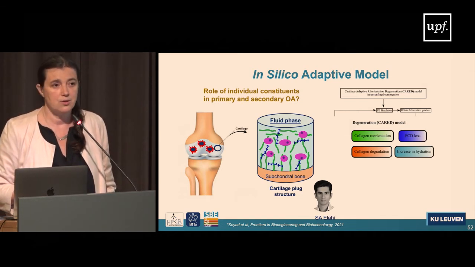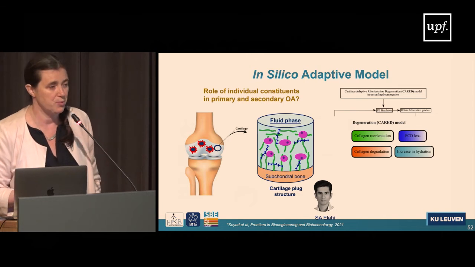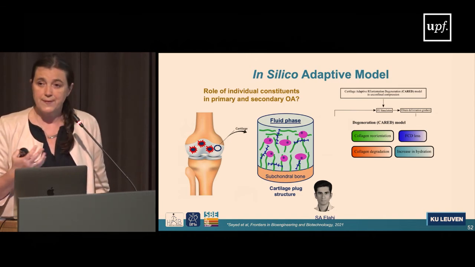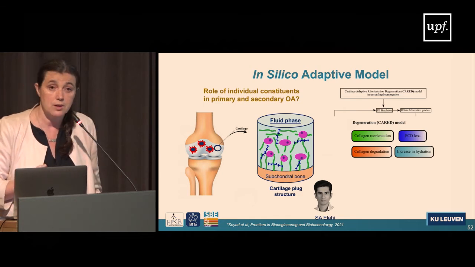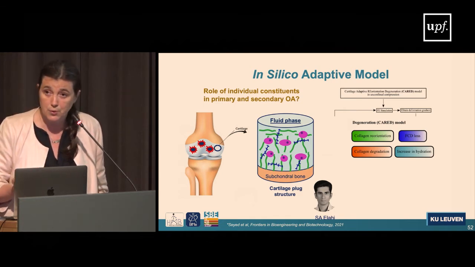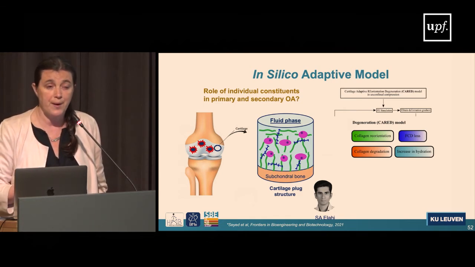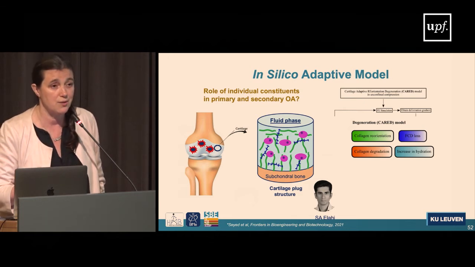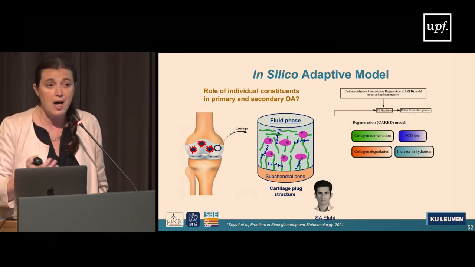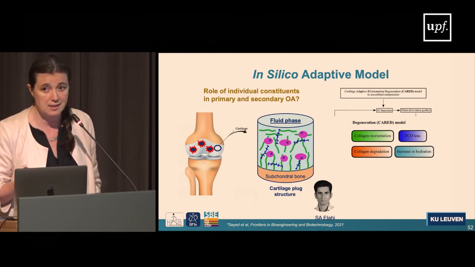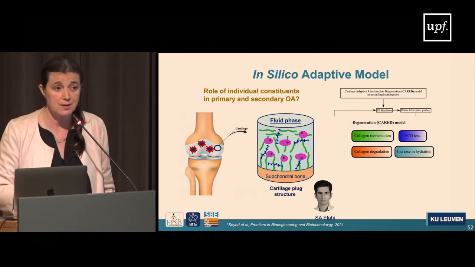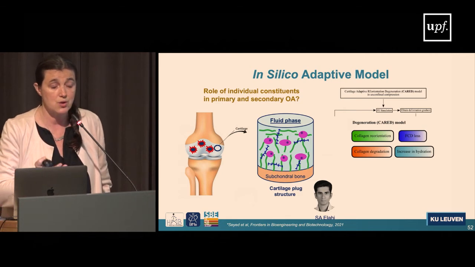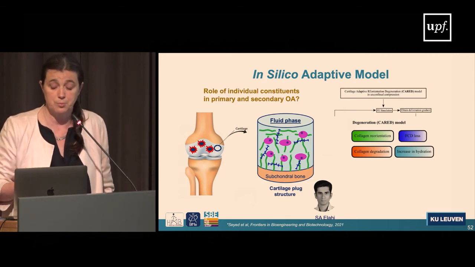Because degradation of cartilage is a very complex process, and there are different things going on. We see that the collagen fibers reorient. We see that the collagen fibers are degrading. Proteoglycans are affected. There is a change in the fixed charge density. But how is this complex process happening? What is the driving component? It is not always clear.